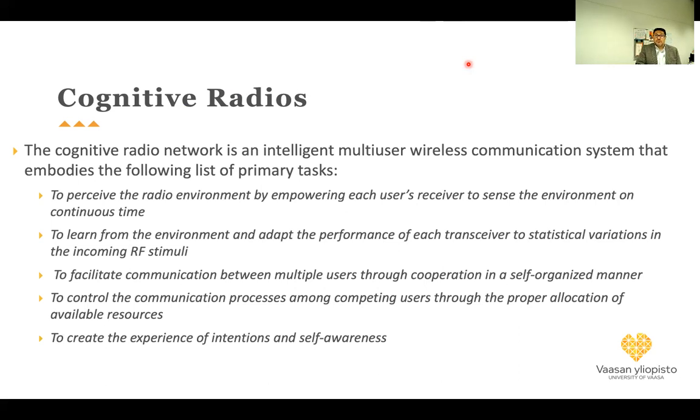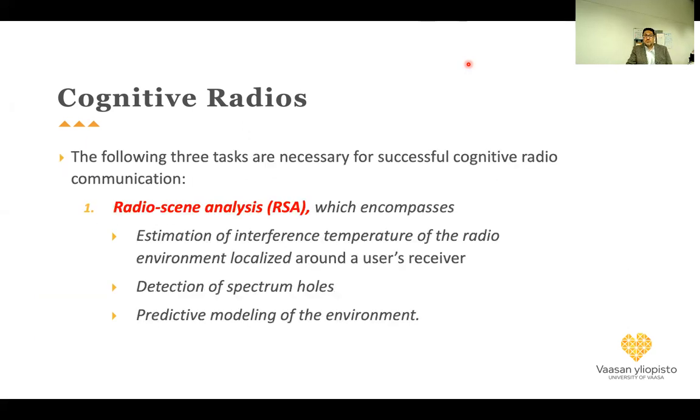So the cognitive radio, as I said, should have a list of primary tasks, like protecting the primary users and maximizing the utilization of the available channel, where the secondary users collaborate with each other in order to get more information about the distribution of the interference in that geographical area, and also learn the statistical variations of the behavior of the RF signals, or the behavior of the primary user when they send, when they don't send, and so on.